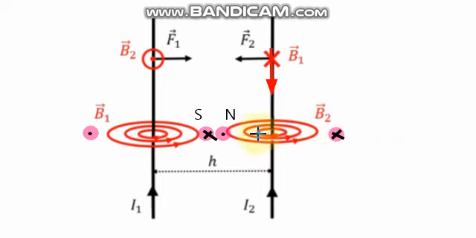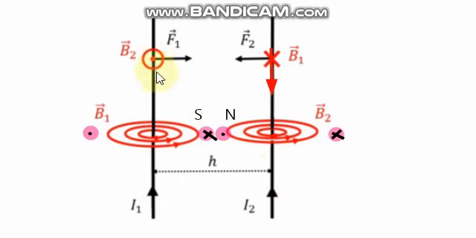So this side will become the south pole and this will become the north pole. The case for this wire is still the same. So the south pole will then face the south pole, that is, the two like poles will be facing each other, and then the two wires will repel each other because the like poles repel each other. So the anti-parallel currents will repel each other.